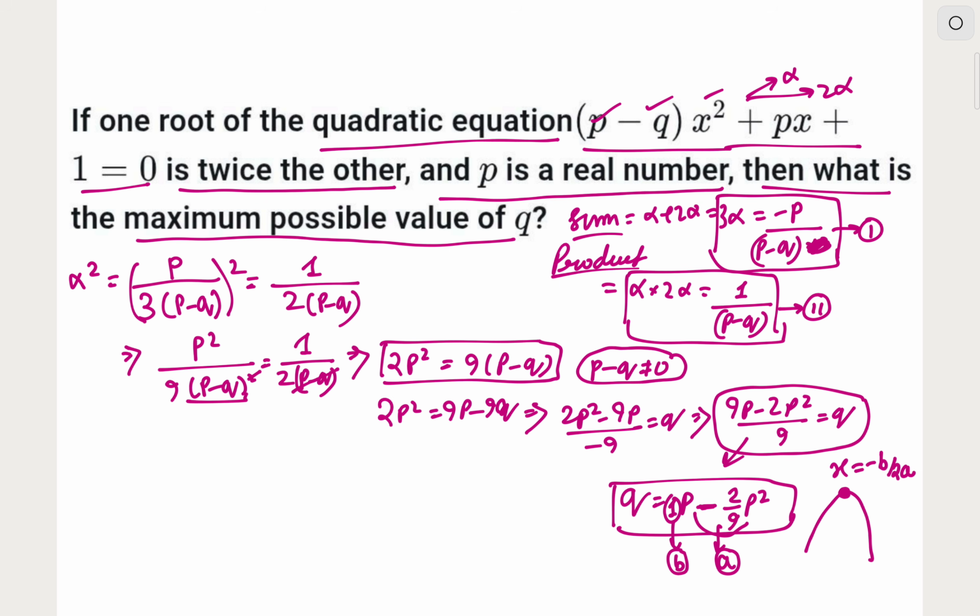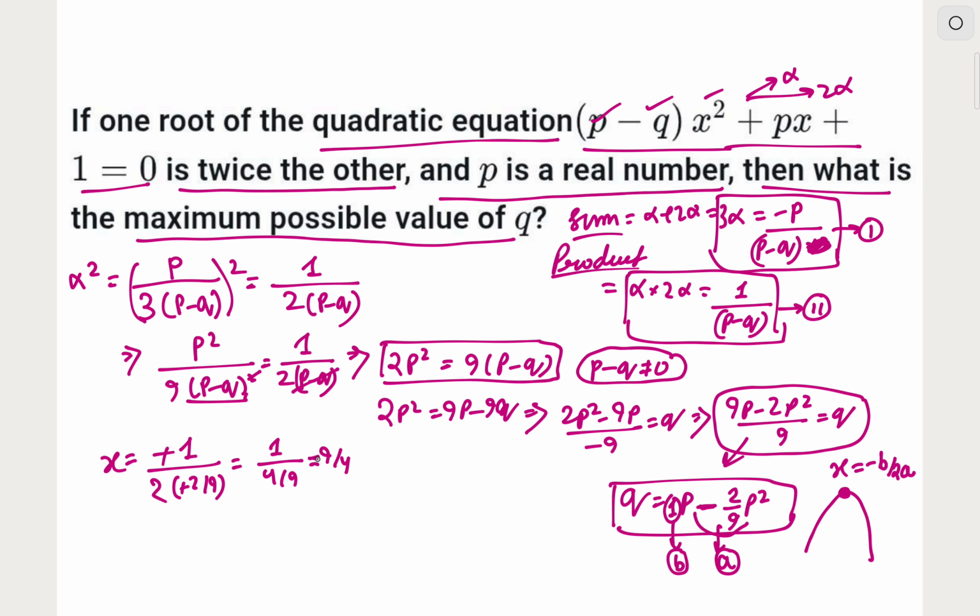So x is equal to minus b, that is minus 1, divided by 2a, that is 2 into minus 2 by 9. Minus minus cancel, so it becomes 1 divided by 4 by 9, which is 9 by 4.